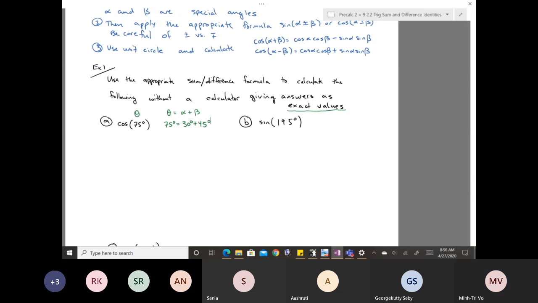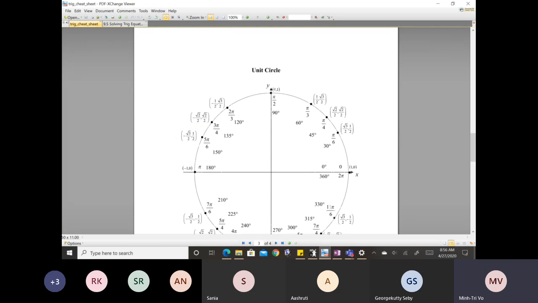Or I can do theta equals alpha minus beta, and I can think of 75 degrees as 120 minus 45.